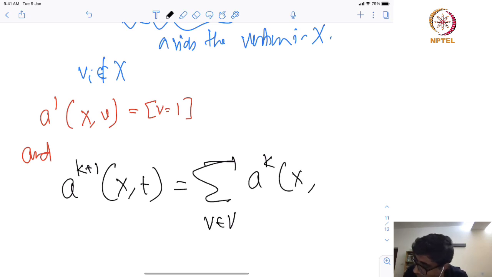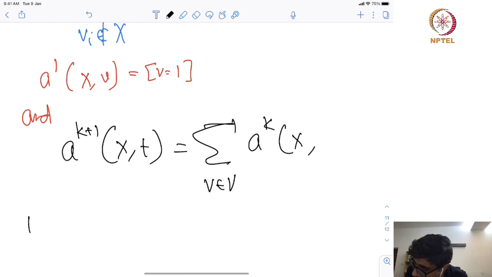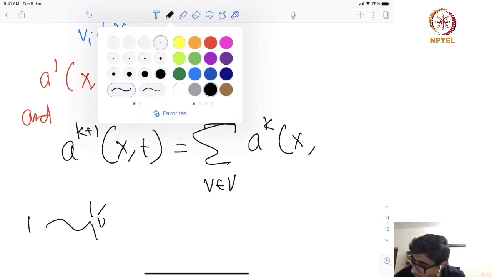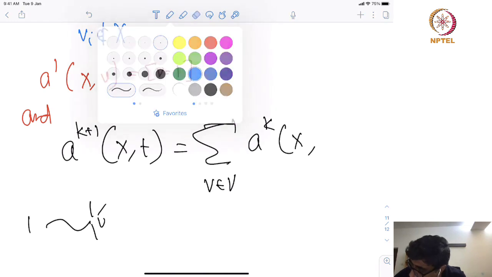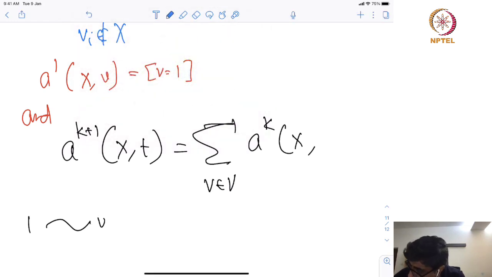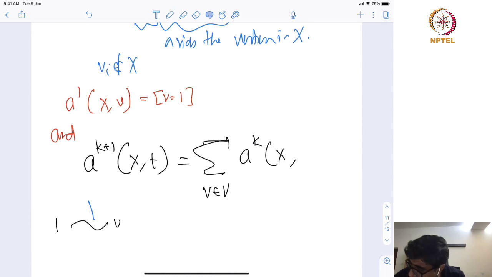So, it is like you ask yourself, I start from 1, I reach some vertex v, and then I take an edge starting at v. So, how is a walk of length k plus 1?